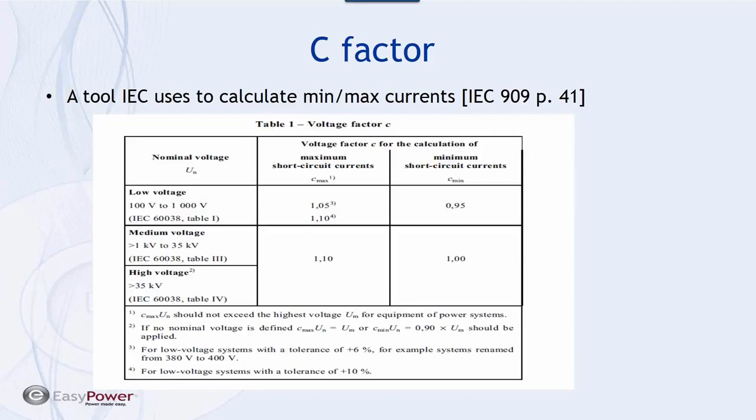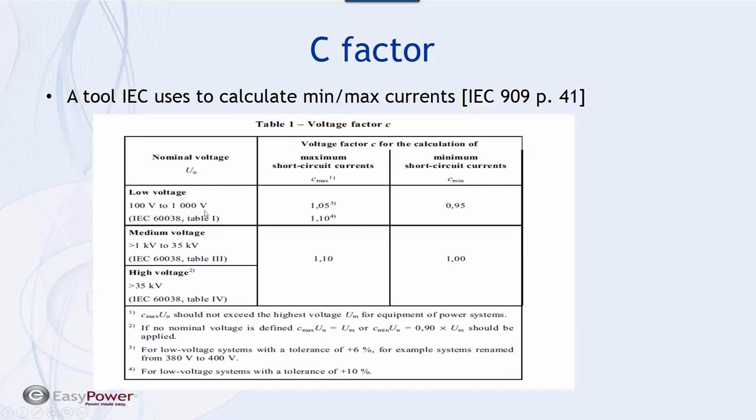If you imagine that V equals ZI, if you increase V by a factor, as you see here, which is larger than 1, of course, on occasions, not always, for Cmin it's a different story, the short circuit current goes up, and that's the purpose IEC is following here, to increase the voltage so that it provides the worst case scenario of the fault current to the user. And it has a recommendation for different voltage levels.